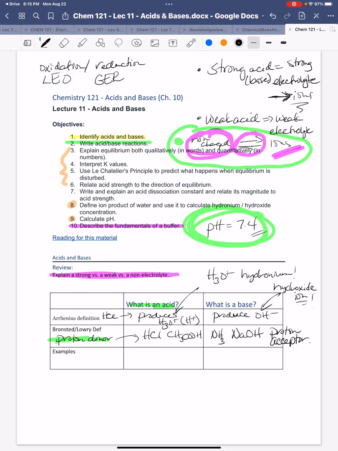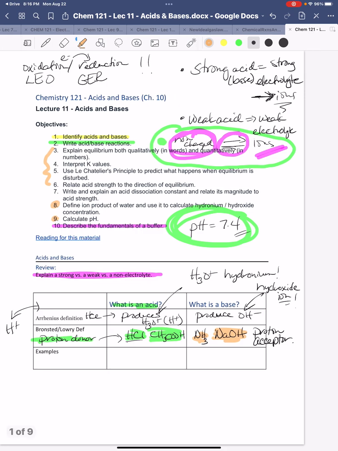The electron is being passed over to another substance, and that's kind of what we're doing here with acids, with the hydrogen ion. We're seeing who's giving it and who's getting it. It's very similar in my head anyway. And I've given you some examples: hydrochloric acid, acetic acid, ammonia and sodium hydroxide.